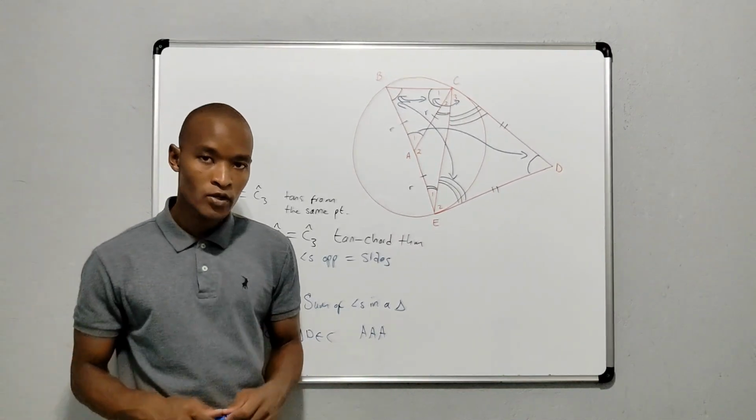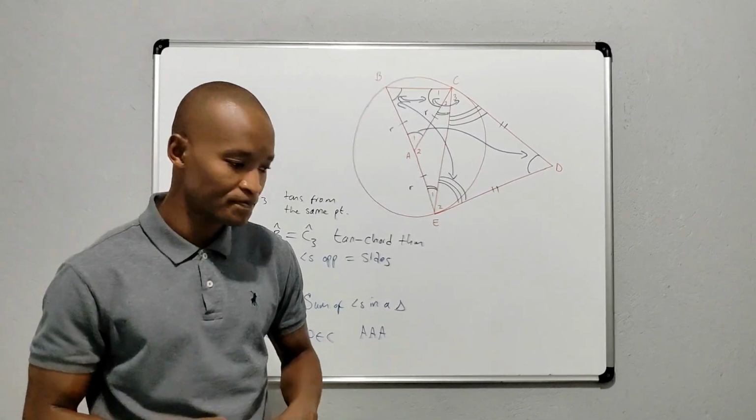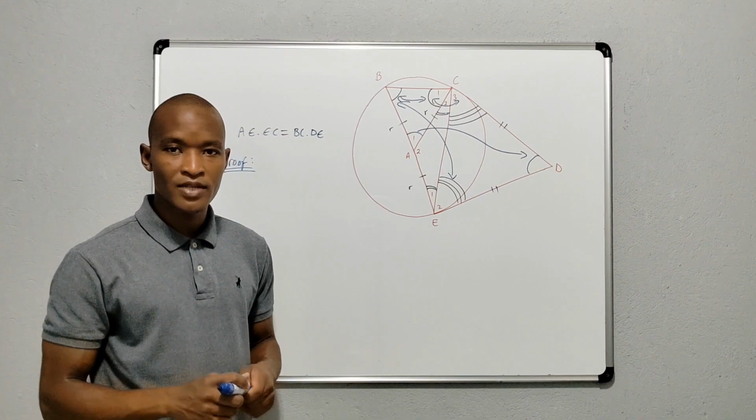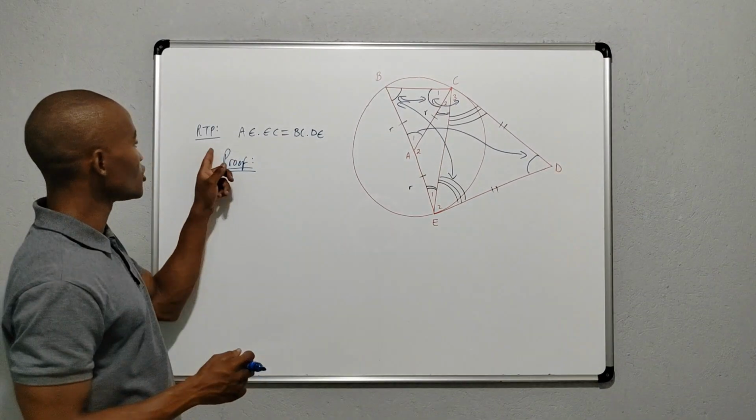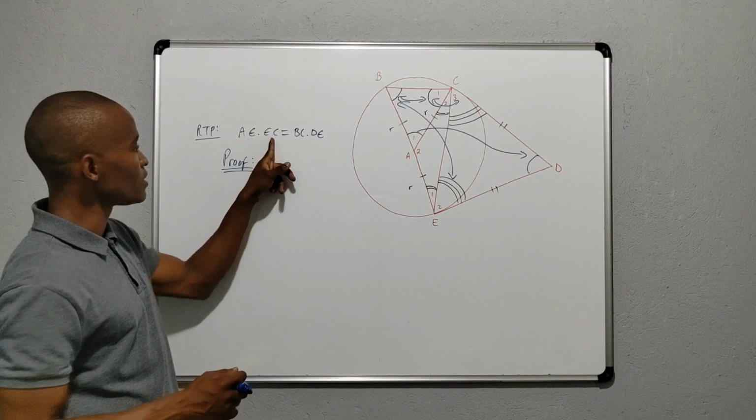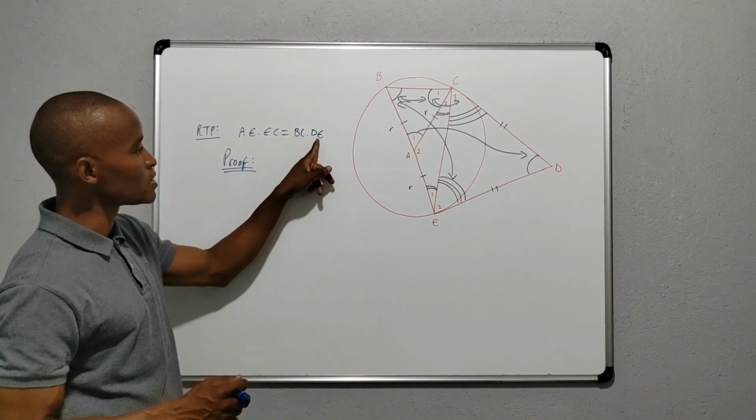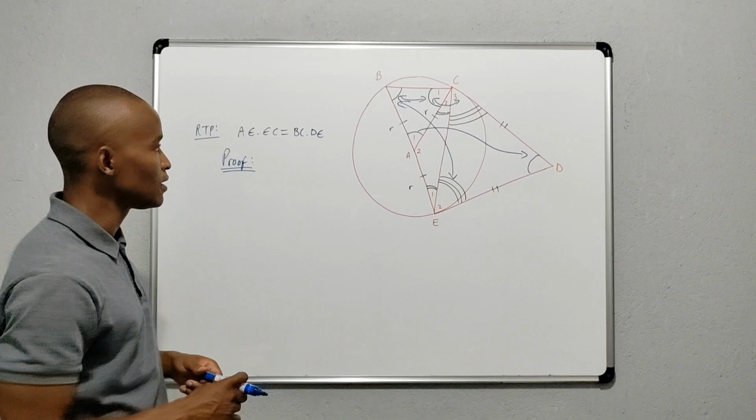Let us now take a look at question B. Here it is. This is a follow-up question from A, where we are required to prove that the product of AE and EC is equal to the product of BC and DE.